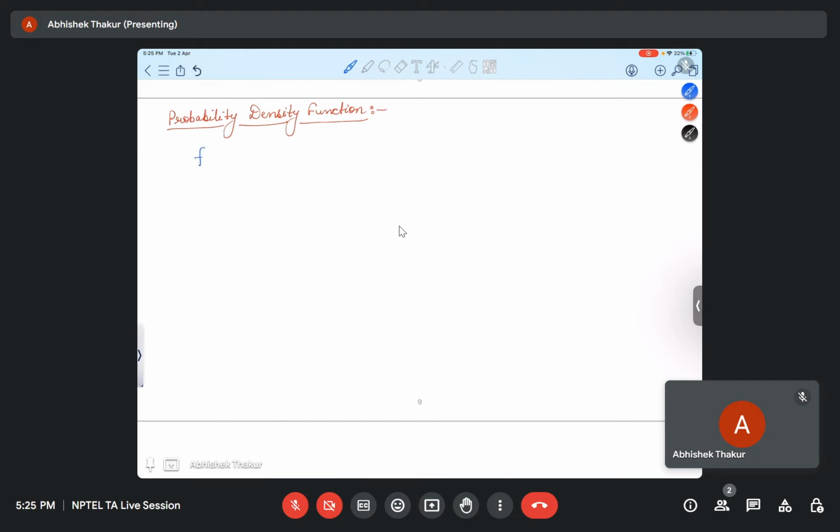The probability density function is represented as f_X(x) in small x, that is equal to the derivative of F_X(x) divided by dx. Okay. So F_X(x) is equal to the integral from minus infinity to x. So the probability distribution function is just the integration of the probability density function, and the probability density function is the differentiation of the probability distribution function.